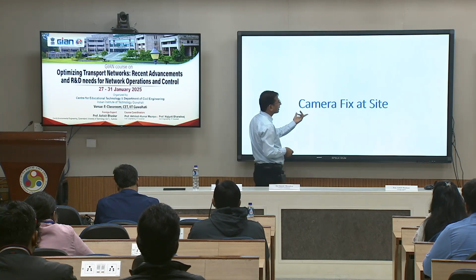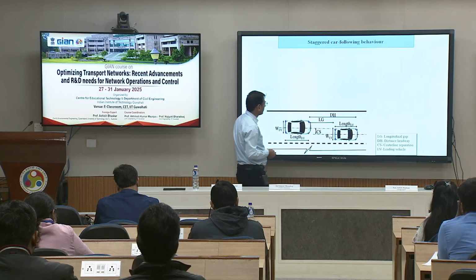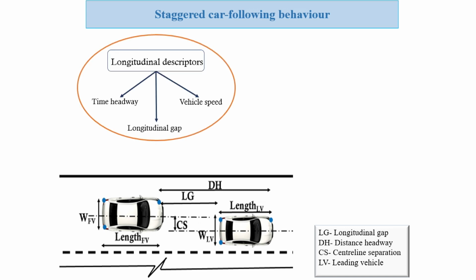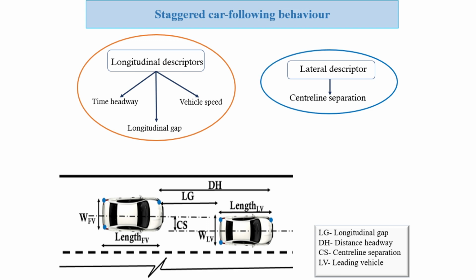Okay. Then the camera at a fixed site. Here a camera at a fixed site gives you this kind of study, where vehicles are flying by, you can get vehicle position, and you can figure out how much lateral stagger there is between vehicles. These things can be helpful in studying longitudinal behavior, where you can measure the longitudinal gap, the lateral separation, and the speed of the vehicles.